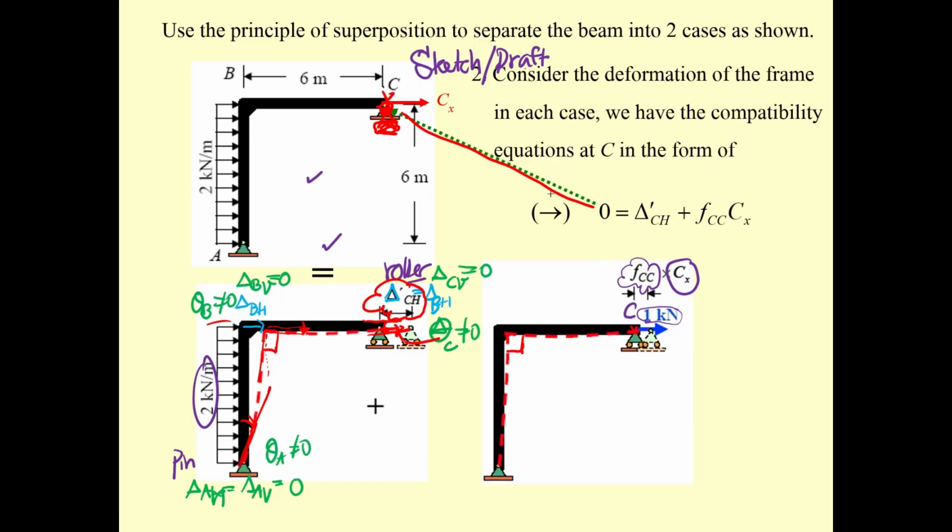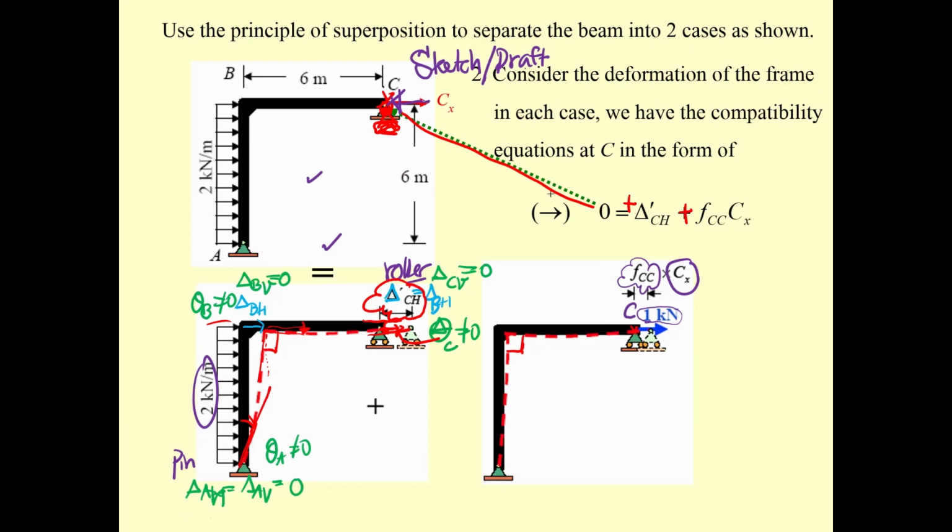And then if you say moving to the right is positive, they are all positive. Again, I don't think C sub X should be in this direction in my imagination. C sub X should be in this direction. I totally agree. But I took this one from the textbook.